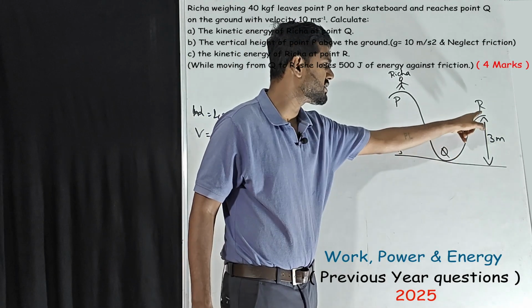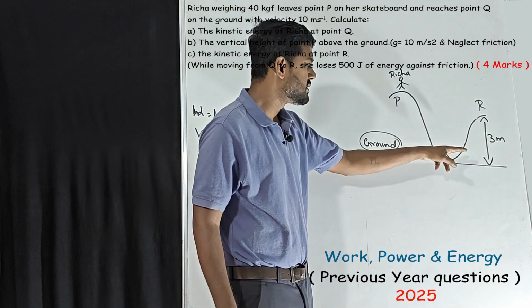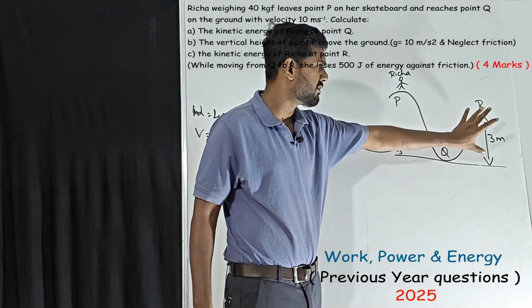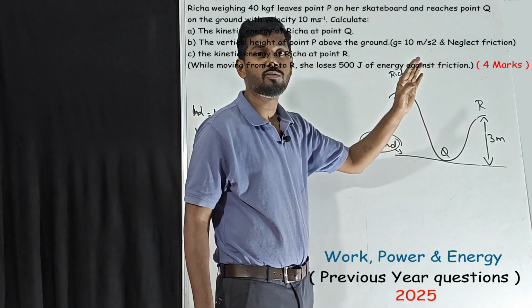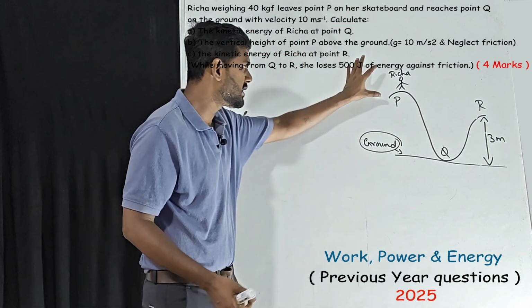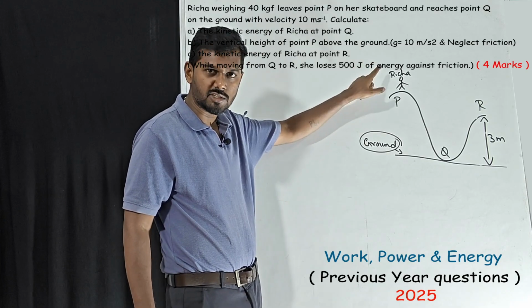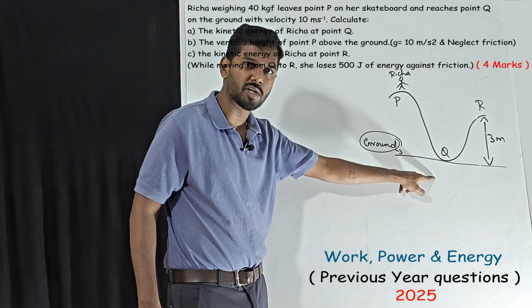And whenever she reaches here, she has both potential energy as well as kinetic energy. Because we have height, and she will be moving with some speed. So you should know these conversions. At this point she has only potential energy, no kinetic energy. At this point she has only kinetic energy, no potential energy.